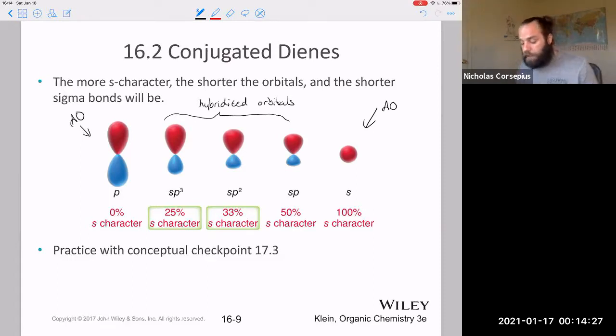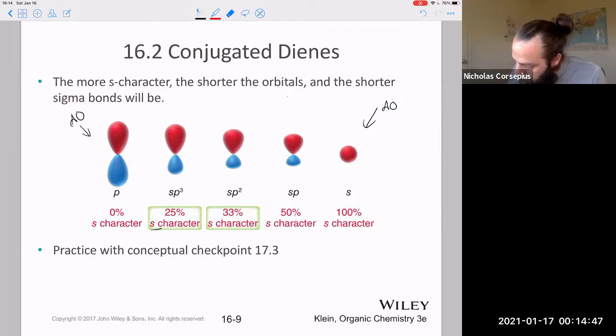An sp3 orbital is one s orbital mixing with 3 p orbitals. So we say it has 25% s character, versus an sp2 hybrid orbital, which has 33% s character. The real takeaway here is just look at the sizes of these, right? The more s character you have, the shorter those hybridized lobes are. So this guy here is just longer than the sp2.